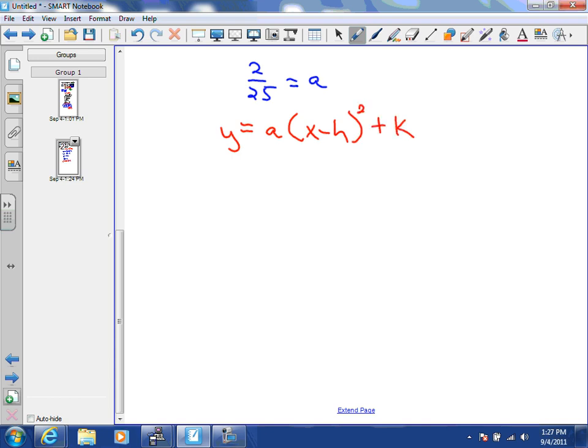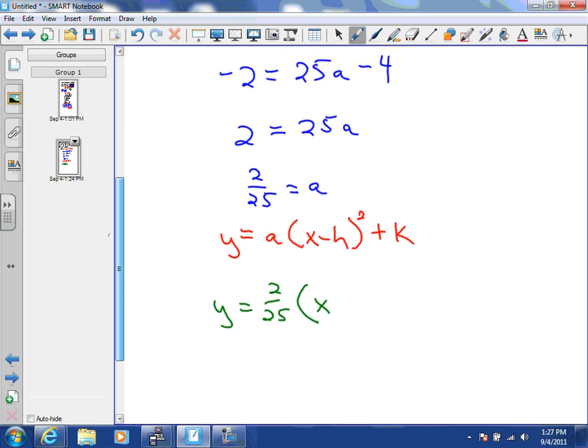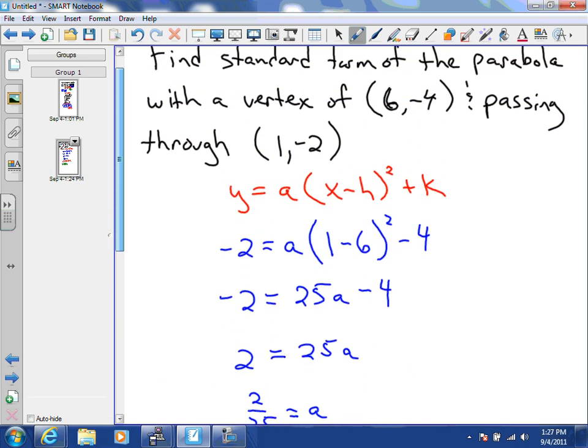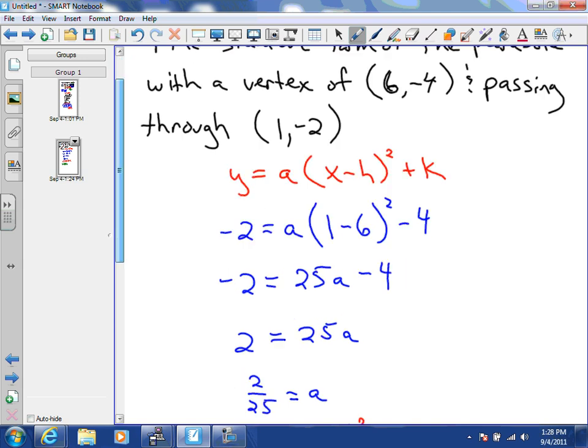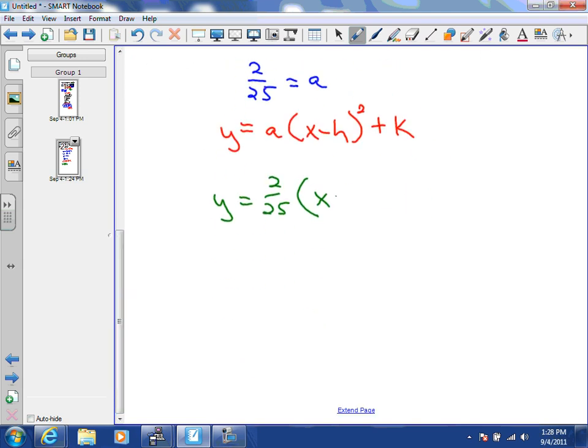So then my equation in standard form, which once again is a times x minus h squared plus k. So that is going to be y equals, here let's do a different color, how about that? Y equals 2 25ths times x, what was h again? The vertex was 6 comma negative 4.